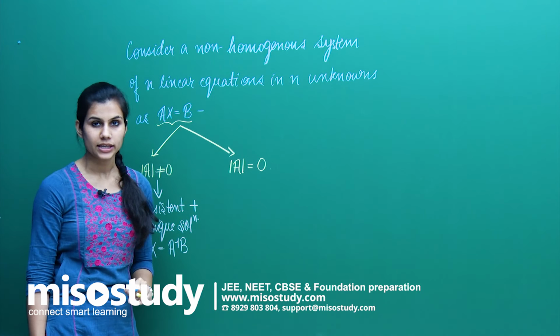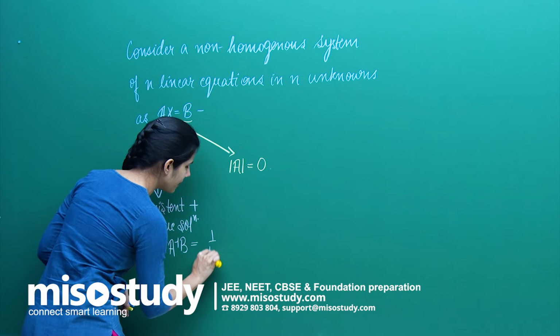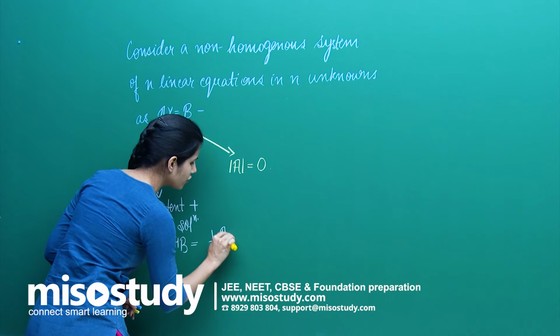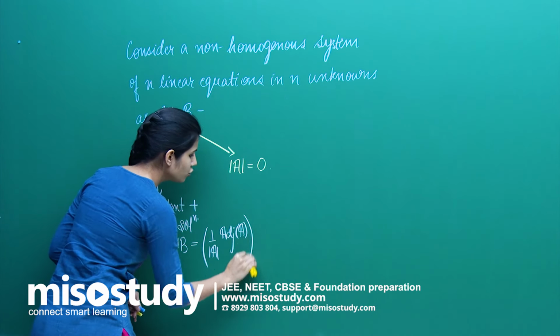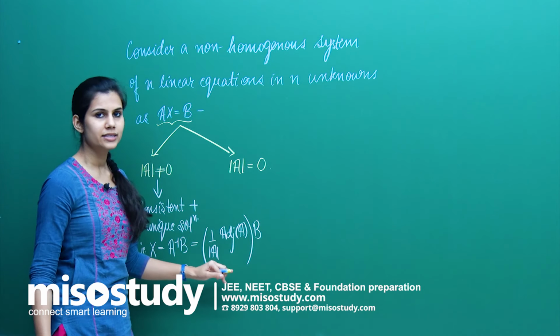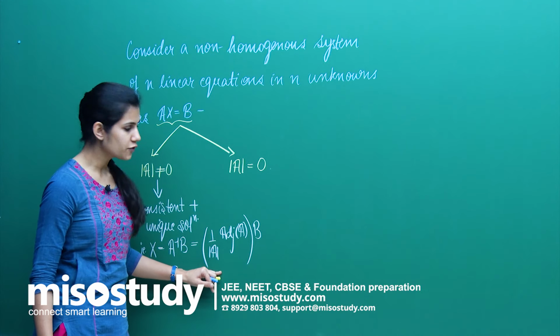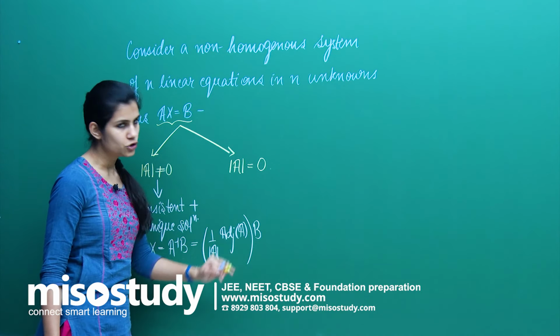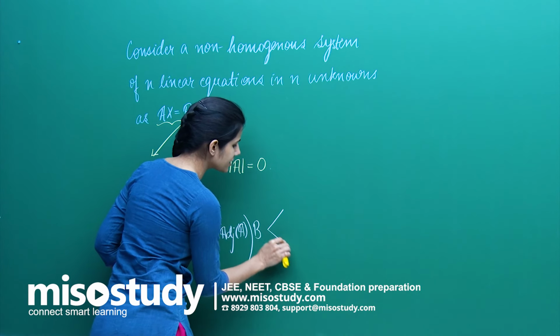A inverse B. Now over here, A inverse is nothing but 1 upon determinant of A times adjoint of the matrix A, into B, which turns the expression into this. So X is equal to 1 upon determinant of A times adjoint of A into B. Now here we observed two different types of cases arose.